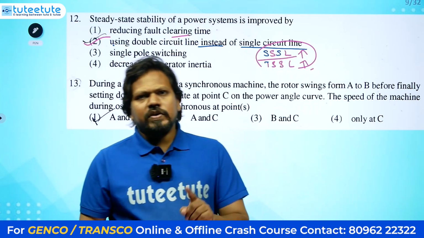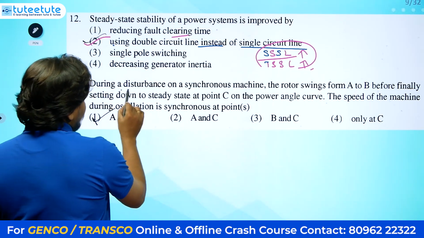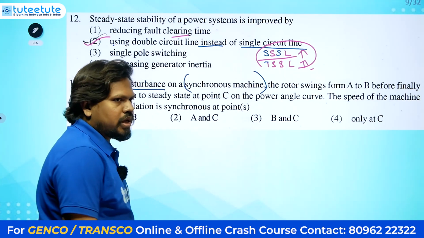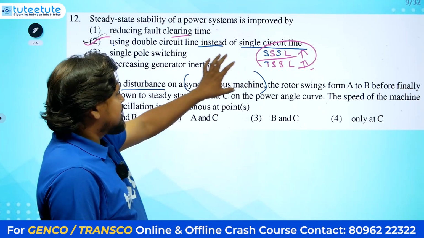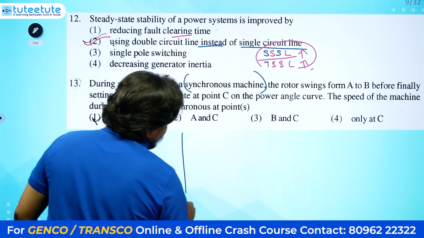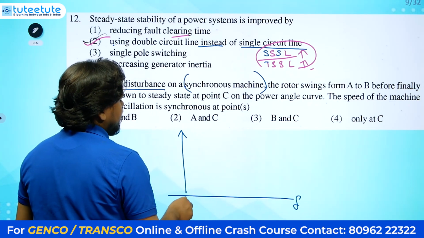See, the first concept we will be learning in that unit is this: whenever some disturbance happens on a synchronous generator or motor, let's take the generator. What I have done is, on a power angle curve we are taking this entire characteristic.